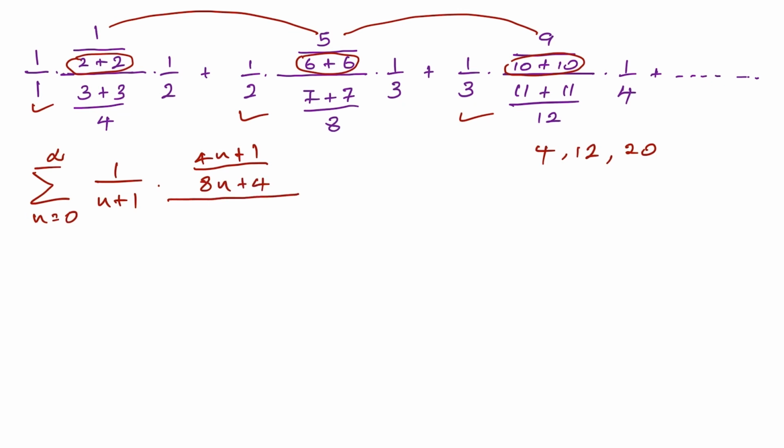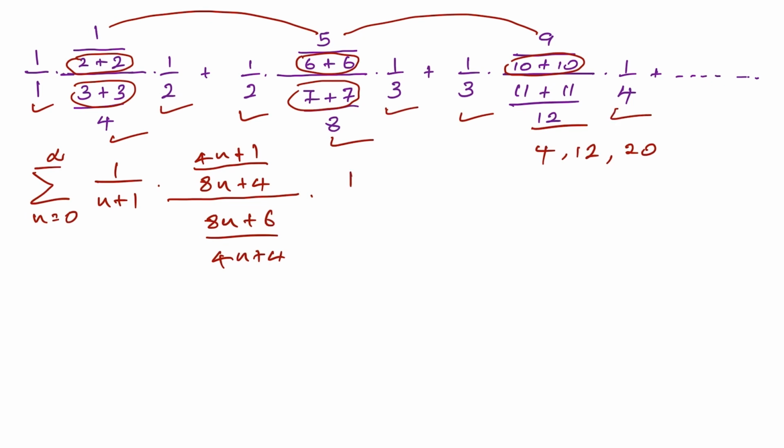Then here 3 plus 3 we know 6, 7 plus 7 we know 14, so we know this is equal to 8 times n plus 6 over 4, 8, 12, we know 4n plus 4. Then here last term 1 over 2, 1 over 3, 1 over 4, so 1 over n plus 2.